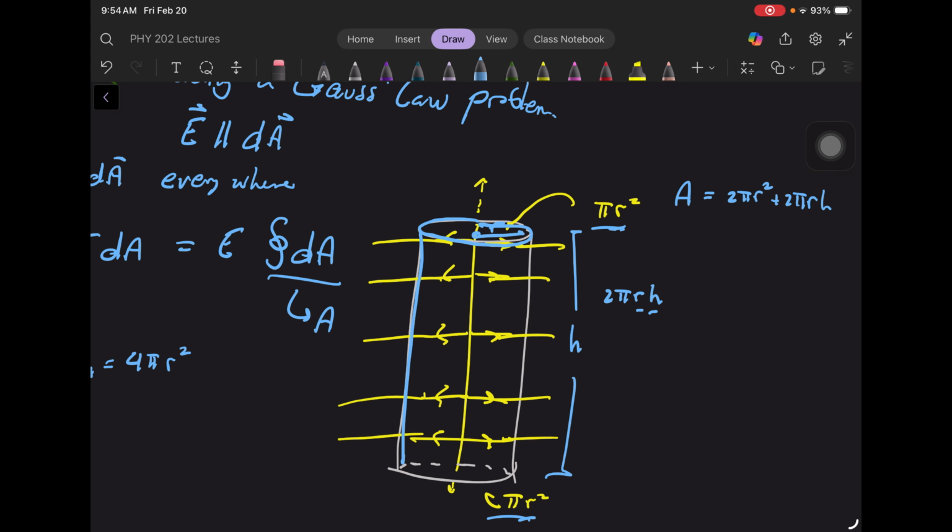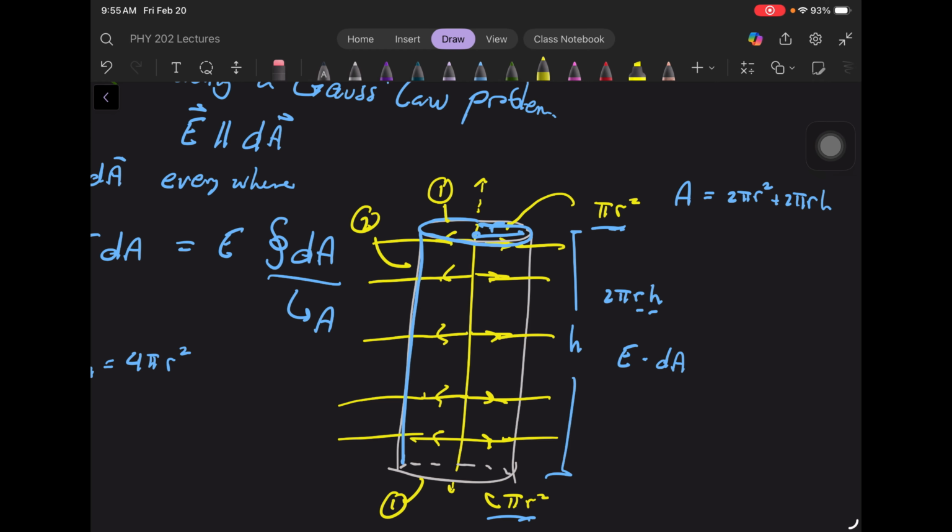But the electric field is only going through the side of the cylinder, right? So if we do E dot dA, we can call the top area 1. By symmetry, the bottom's also going to be area 1. And then we can say the side is area 2.